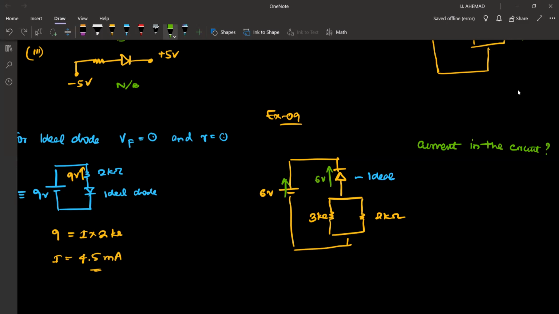And there is no potential drop here. The current flow in the circuit is 0.